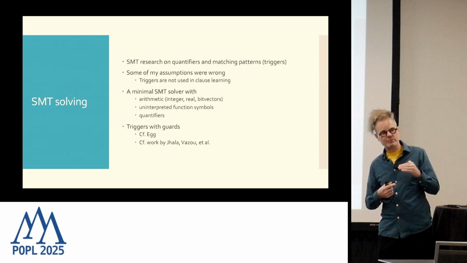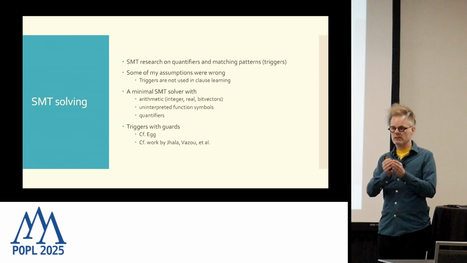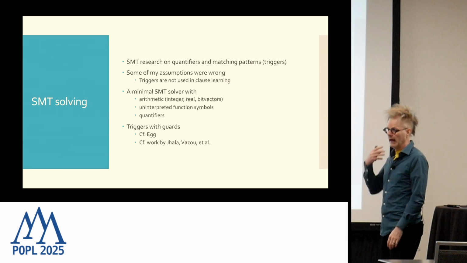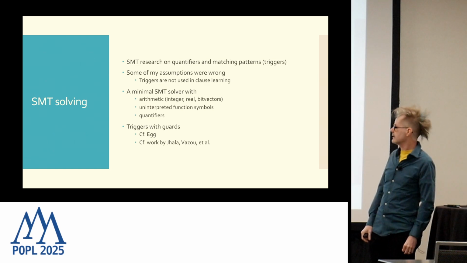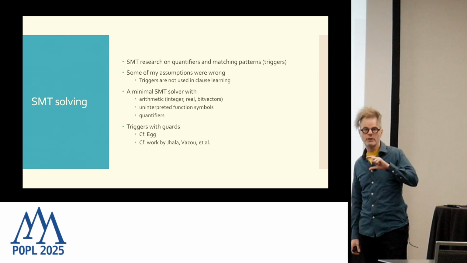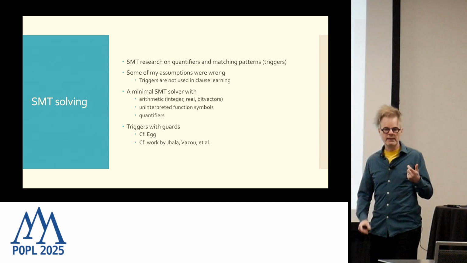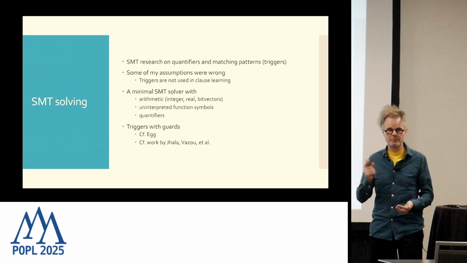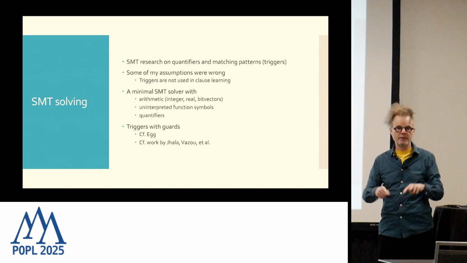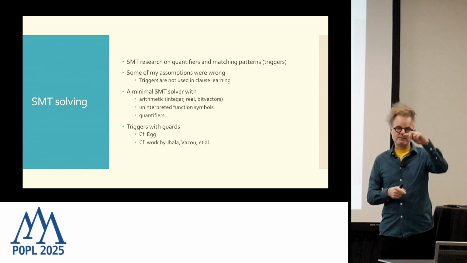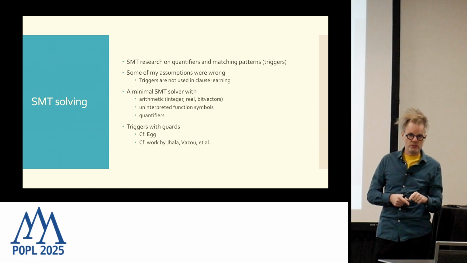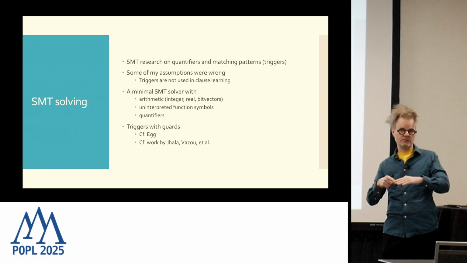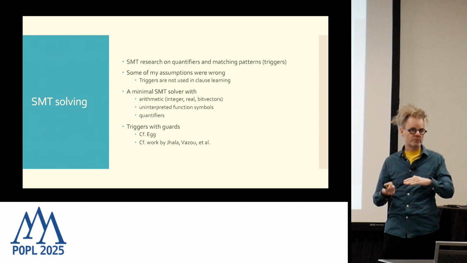I can understand that, because triggers have to do with terms, whereas clause learning has to do with formulas and clauses. Still, I had totally missed it. So I was really surprised by some proofs that went through that I really thought shouldn't. Which actually seems like a good thing, if more proofs go through, but it's a problem because if you have two execution paths, let's say, and the SMT solver happens to look at one of them first, maybe it then finds the proof of the thing that follows. But if it looks at the other one first, it doesn't find the proof and it complains. So that's an issue of brittleness.